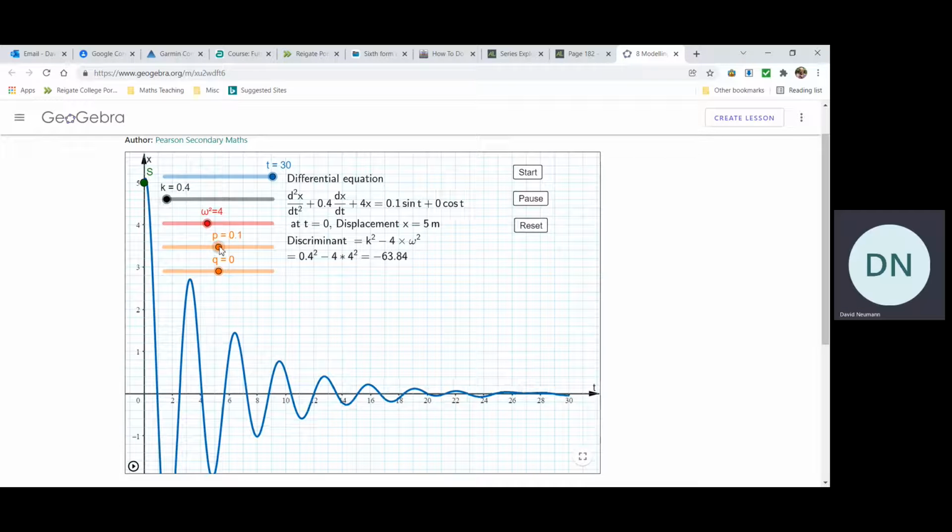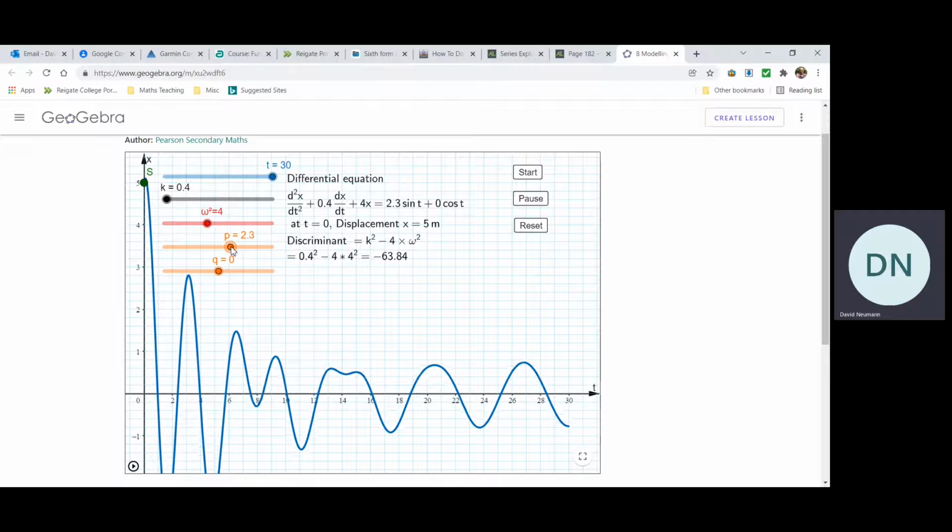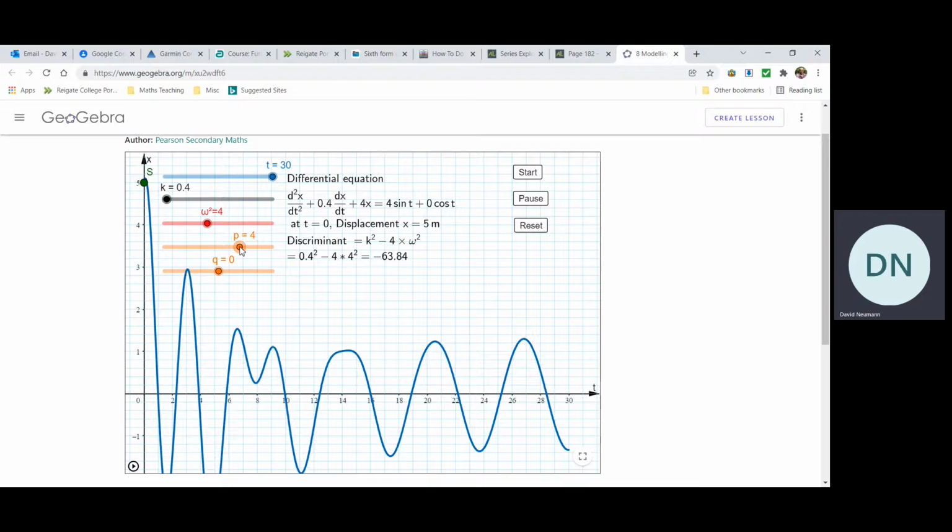If I change p to something like this, you can see that there's a change. If we've got 4 sine t over here, eventually, after the damping goes down to damp the motion down very small, we're still left with something where x is now turning into simple harmonic motion.